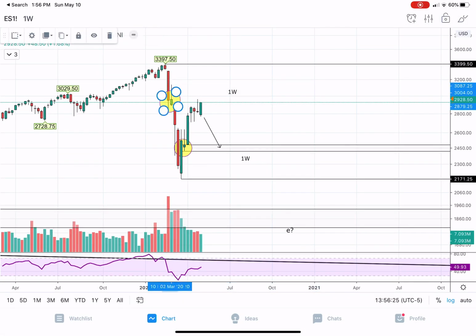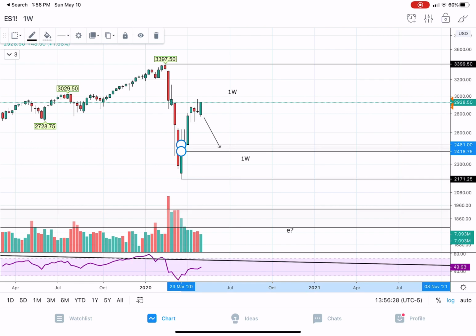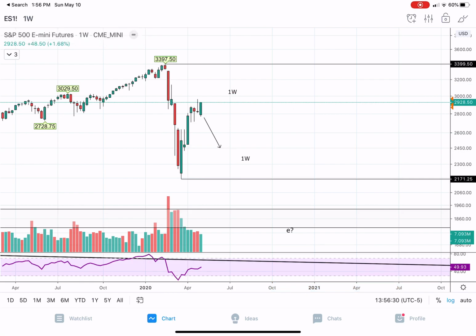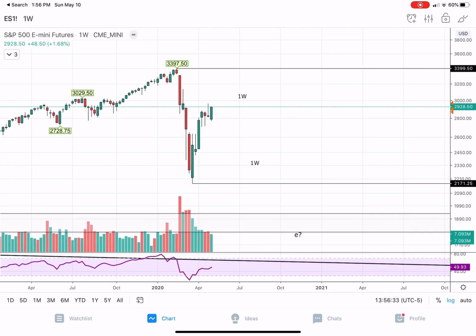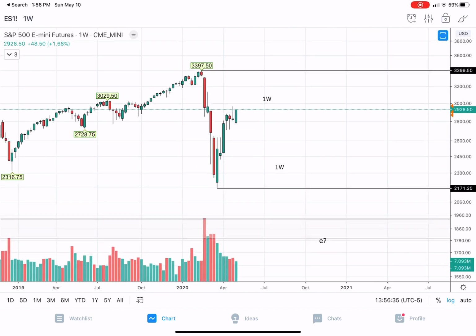Alright guys, so as promised, I'm gonna make a video on just a naked chart on the ES and basically how to trade reversal structures.